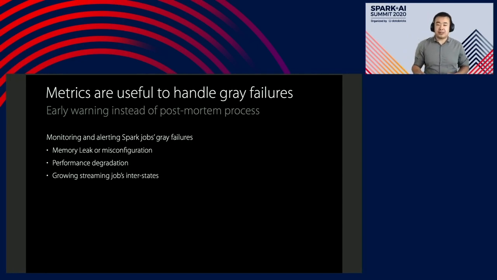The challenge is to make the overall system look okay by proactively addressing degradation before catastrophic failure, by monitoring the metrics in real time and getting an alert to fix the underlying issues. There might be a memory leak here or there, or some misconfiguration that causes some jobs to run slower because resources are not being utilized efficiently. Or maybe the state of a streaming job is growing indefinitely.